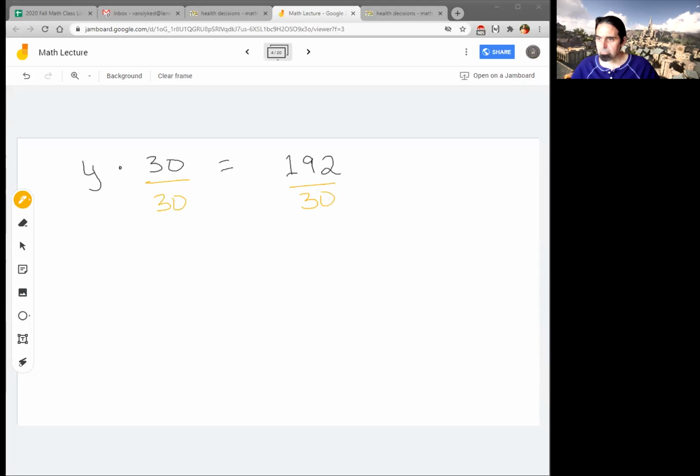So the only problem with the fraction bar, because fractions and division are pretty much the same thing, is that if you had a different equation that was already full of fractions, it gets to look a little weird.